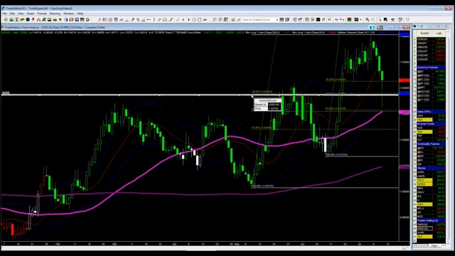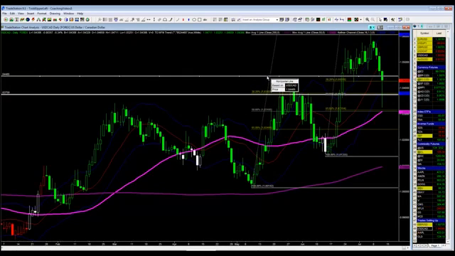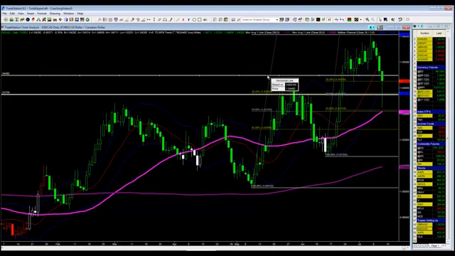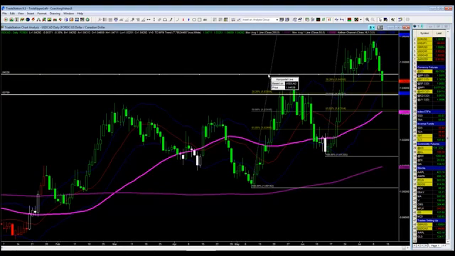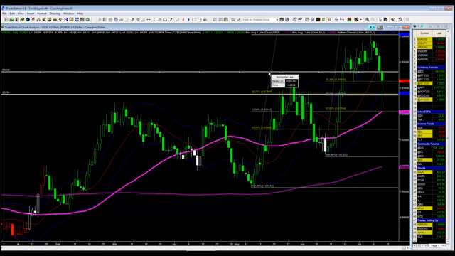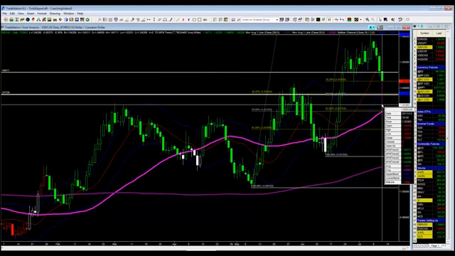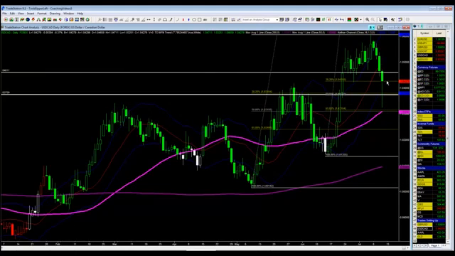Instead, I'm at break even right now, right where I entered, but my profit objective is 104.62, which is right there. So I'll leave this on. Like I said, it opened up, traded down significantly last night, and then rallied all the way back up. So far, that is a good trade.